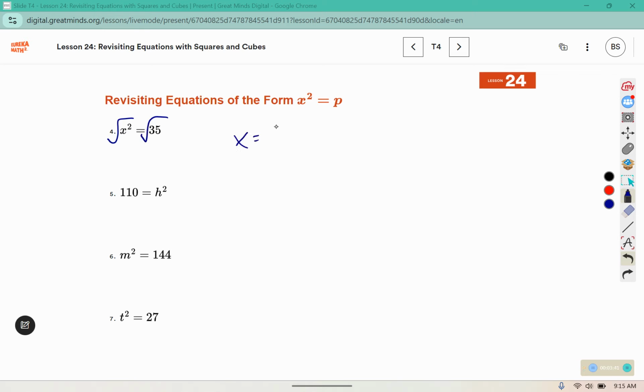X equals the positive or negative square root of 35. But there aren't any whole numbers that we can multiply together to make 35. 6 times 6 is 36, which is too high, and 5 times 5 is 25, which is too low. So this one will be irrational.